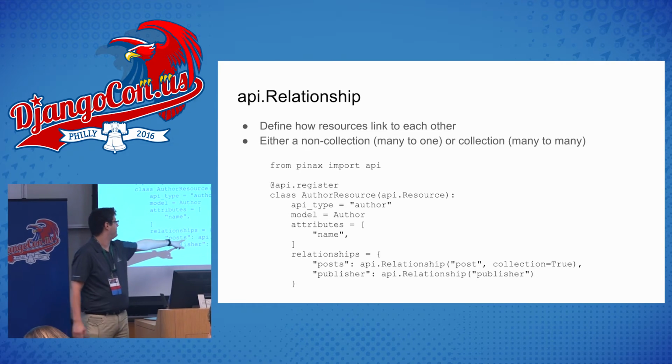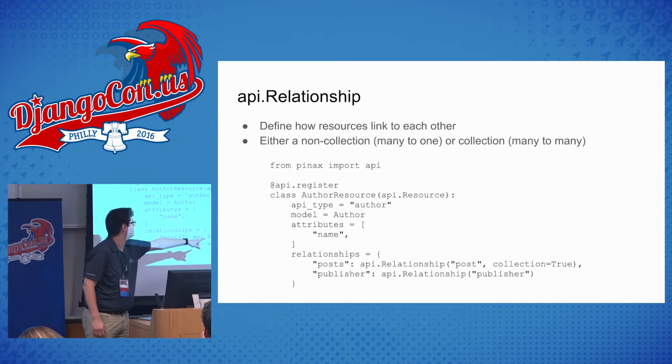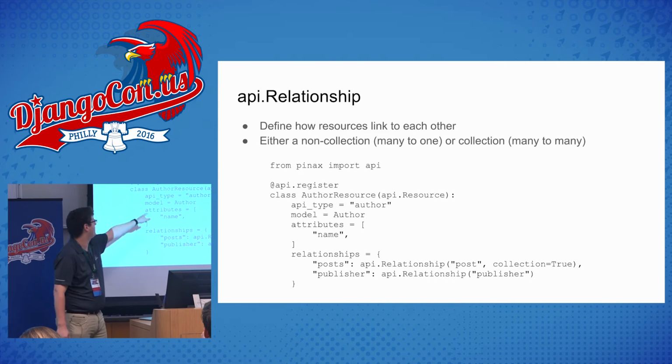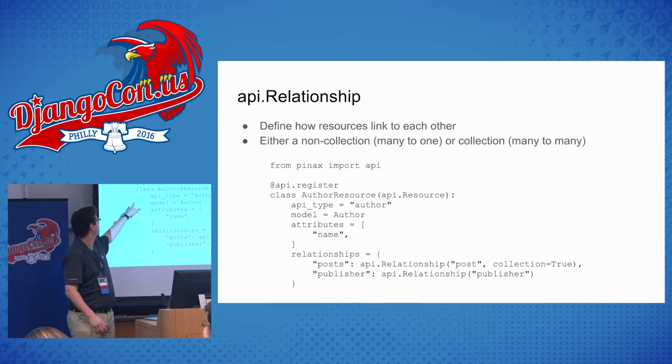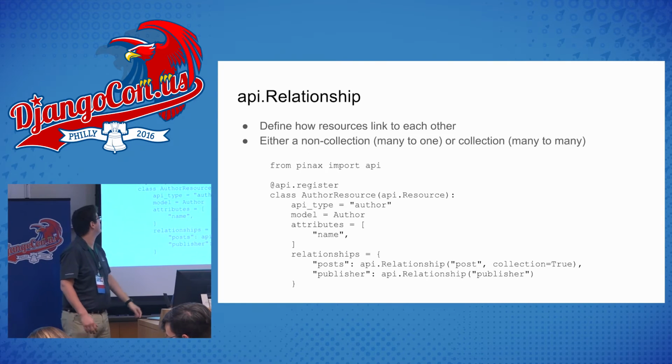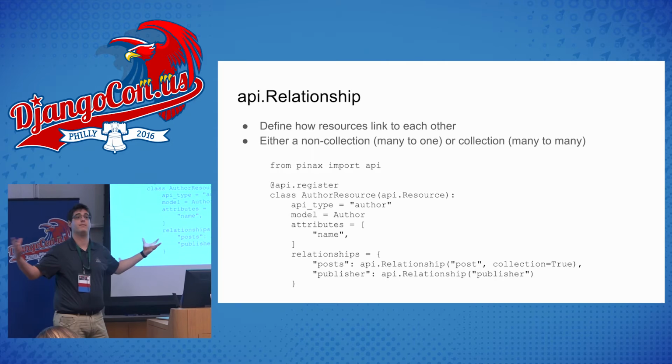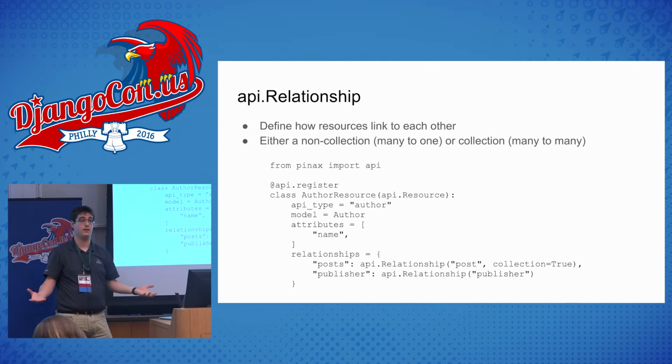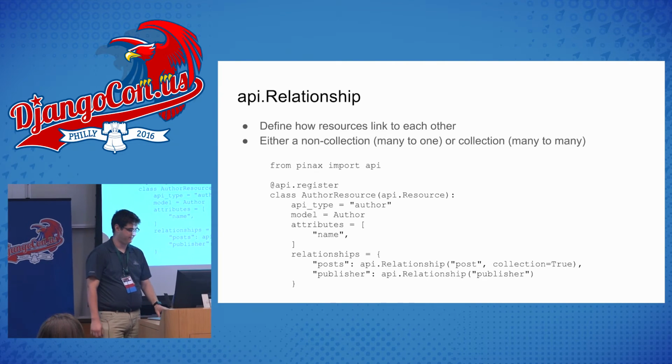And the post is being defined here using the string values that are there as the first argument, which are actually the API types that are all being registered as you create your resources through the API.register. And then it's able to build up this graph, and it will know how to serialize it once it comes time to serialize the data.